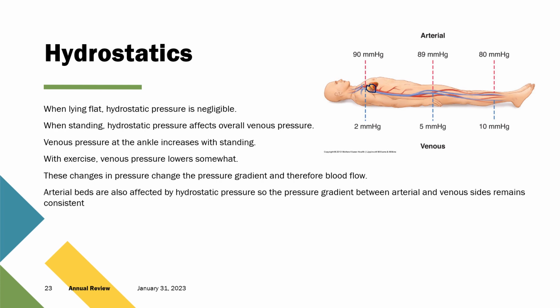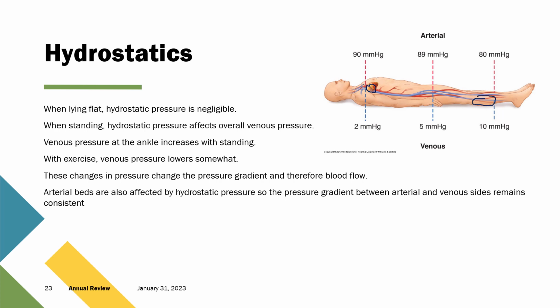When standing, the hydrostatic pressure affects all venous pressure, either positively or negatively, and the venous pressure at the ankle increases the most of any other body part when standing. With exercise, the venous pressure lowers somewhat, and the cause of that is that while we don't have a heart to pump our venous blood up, our leg muscles actually act as what they call a calf pump.